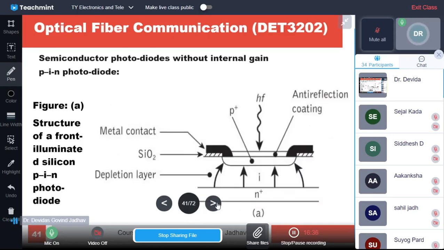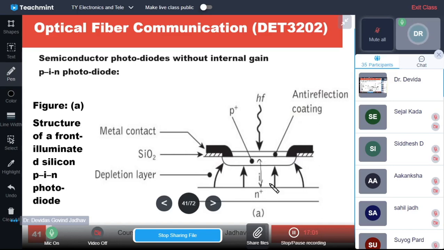PIN photodiodes are of two types. One is front illuminated, the second is side illuminated. Front illuminated has the photon incidence perpendicular to the junction, and it has only the depletion region width in which to get absorbed. Photons will travel through the depletion region width, so they will get absorbed.